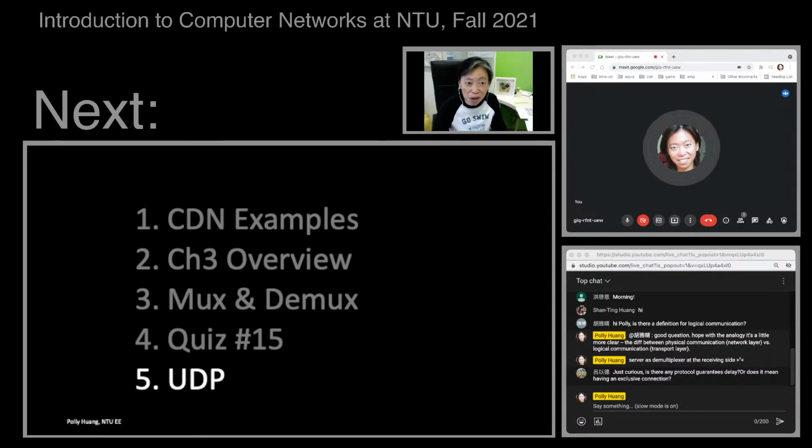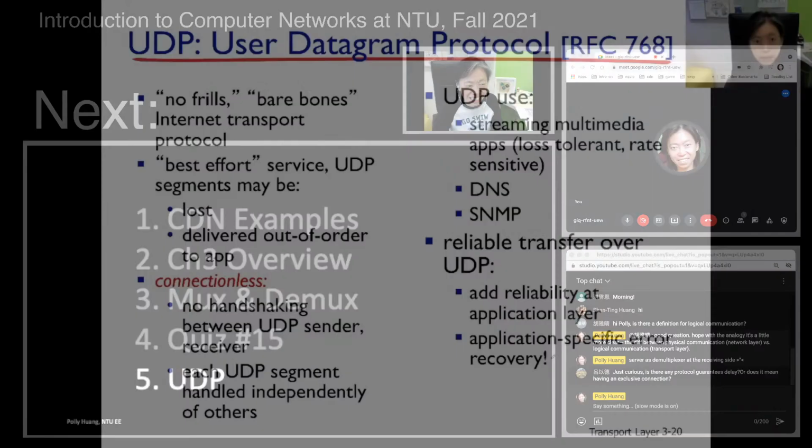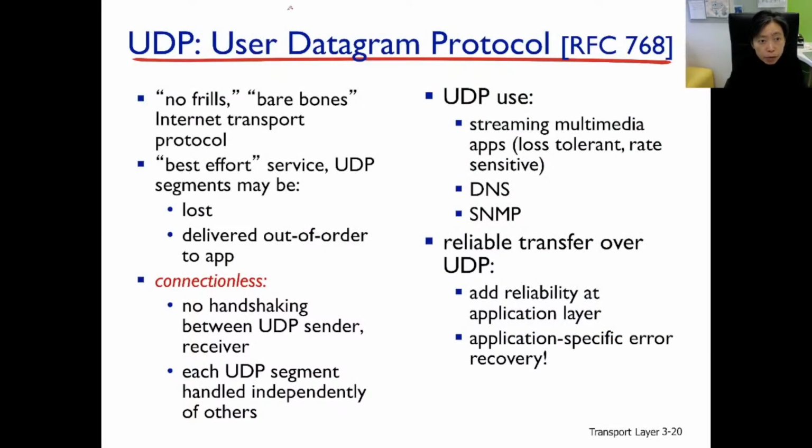We now talk about individual protocols, first starting from UDP, the easier one. UDP stands for User Datagram Protocol. As we've discussed many times, UDP does pretty much nothing on top of the network layer basic service. So we could have segments lost, we could have segments arriving out of order.